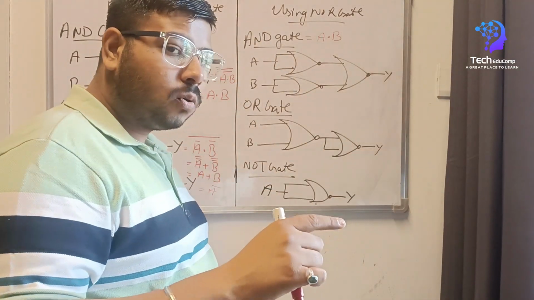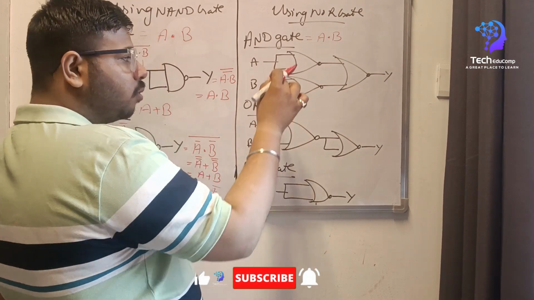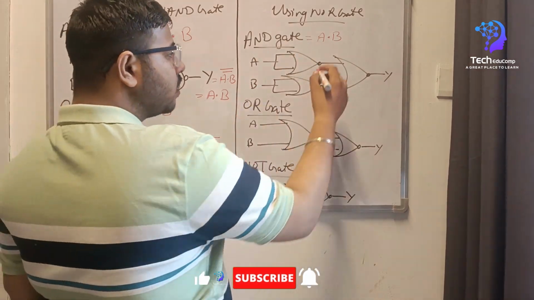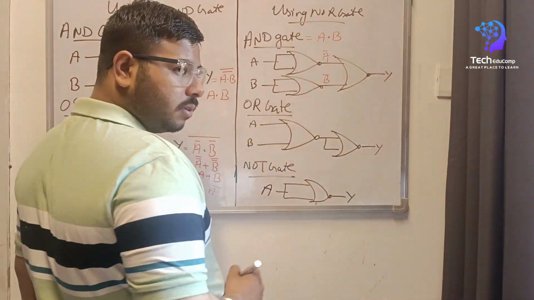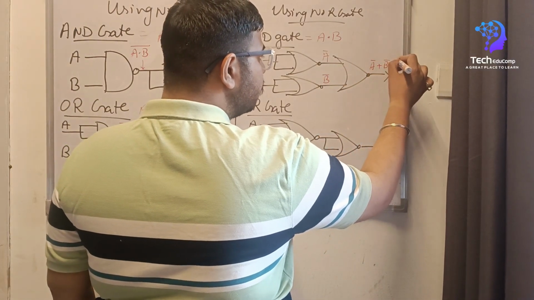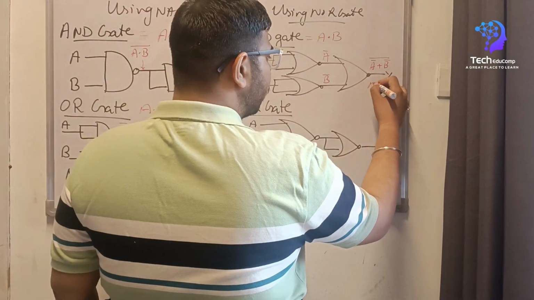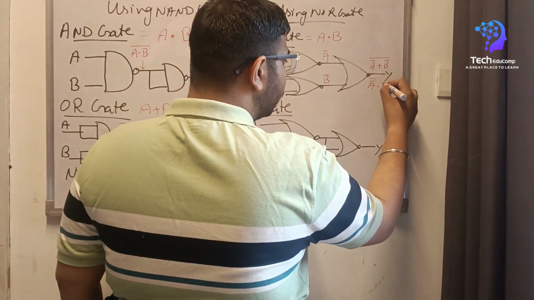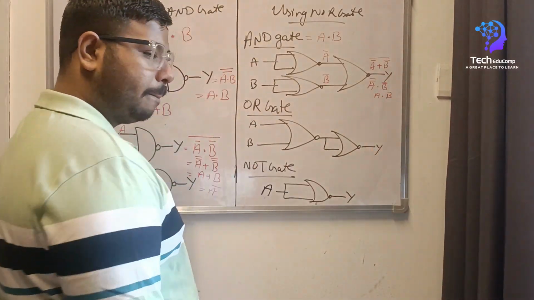So what we will do is provide a single input in two OR gates. We will get this, and here we will get A bar plus B bar whole bar. Using the same De Morgan's theorem, we will get A bar double bar into B double bar, and double bar will get cancelled, A dot B.